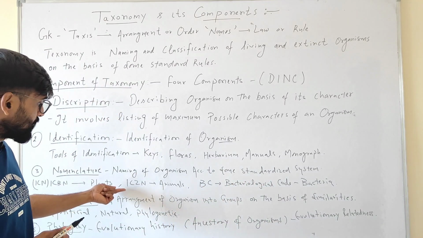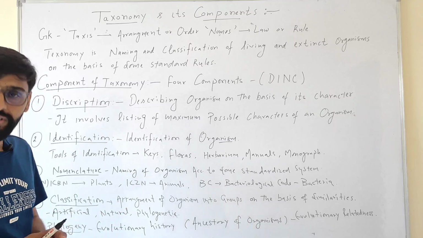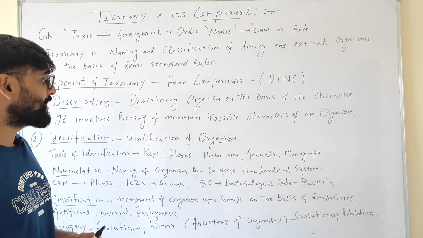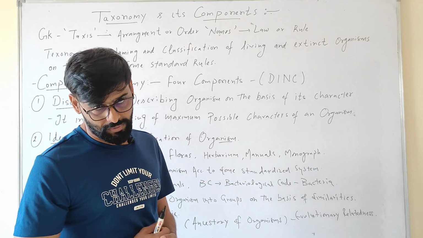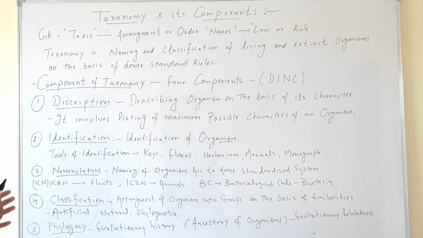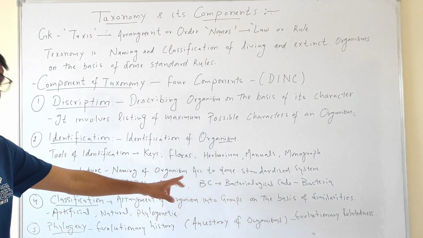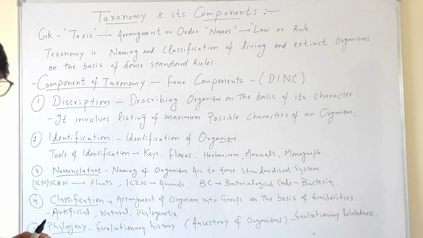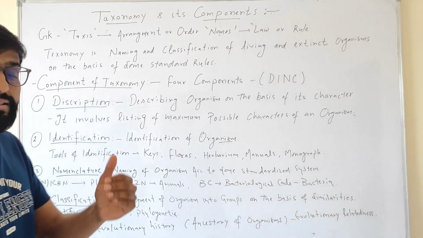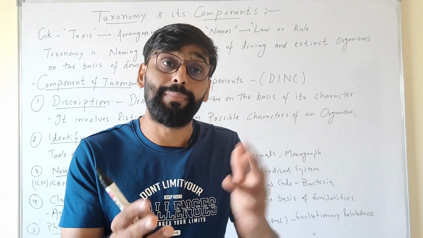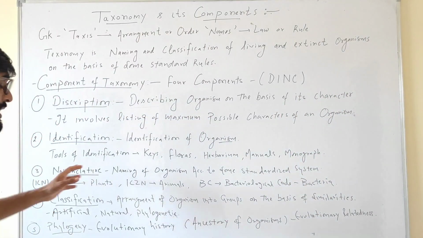If it is an animal, then according to ICZN, the International Code of Zoological Nomenclature. If it is a bacterium, then according to the bacteriological code. So he will name that plant according to these rules. And we know that this naming is binomial; the scientific name has two words. So this is the third step.